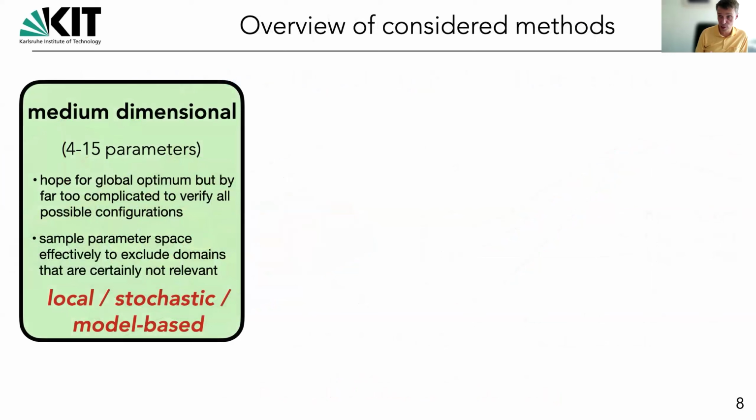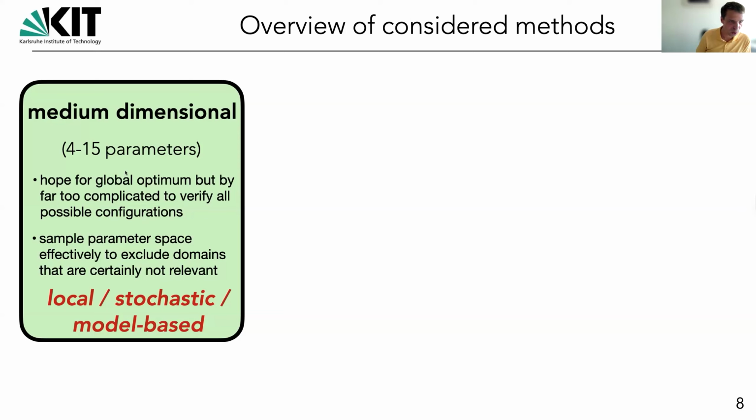Here, multiple techniques have been used, also in a broader context of the digital twin, depending on the number of parameters that characterize our problem. For medium dimensional problems, as also discussed before a little bit, there is still hope to reach a global optimum. Global optimum means that you would like to optimize all these parameters at once and get globally the best solutions.